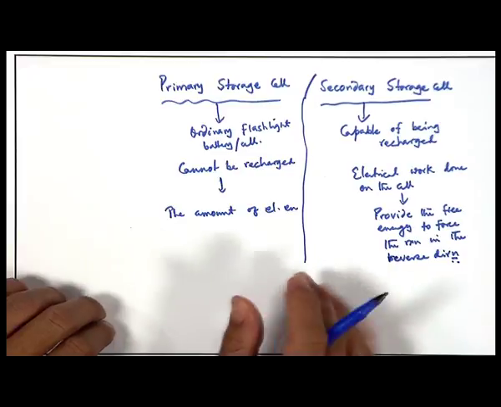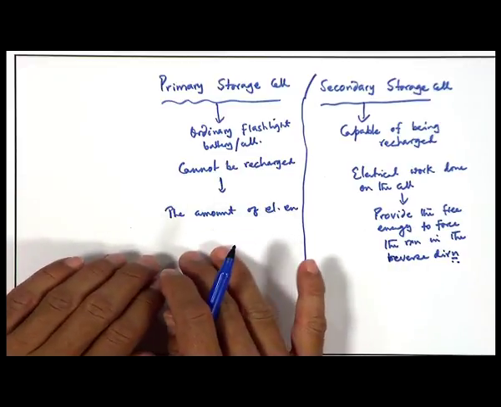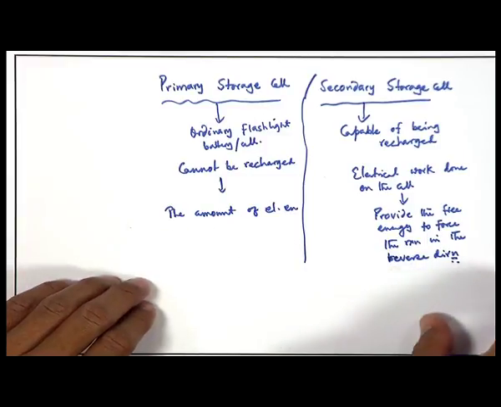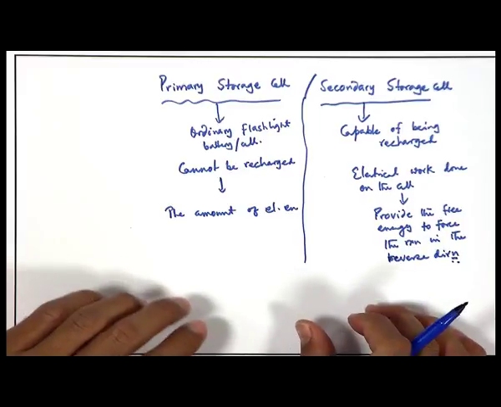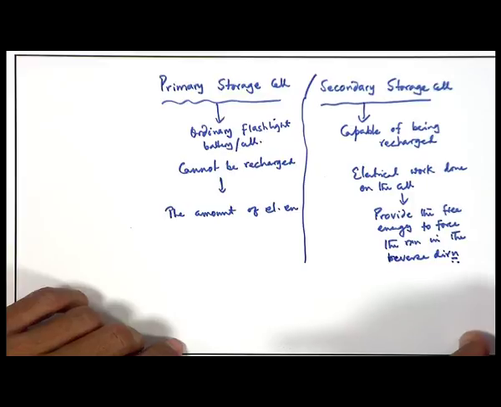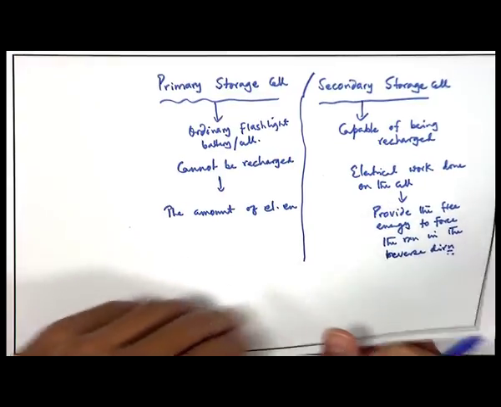So, these are the typical differences between a secondary storage cell and a primary storage cell, that you can store electricity, but not for an infinite period of time, only for some finite period of time.